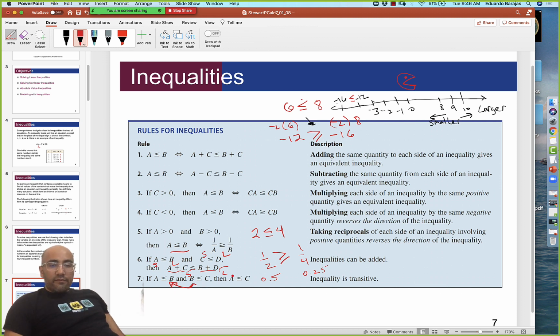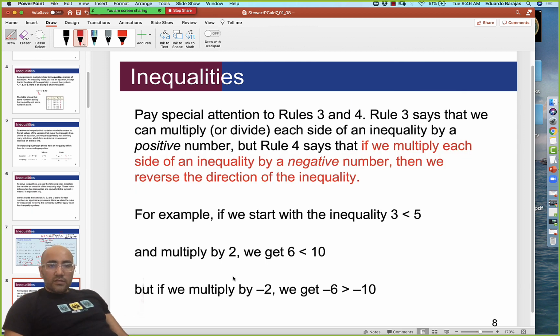And if we flip both sides of an inequality over 1, then we change the direction of the inequality. And then we can use properties 6 and 7 to condense two different inequalities into one. In some word problems, that's actually pretty useful. Okay, so let's look at some examples.